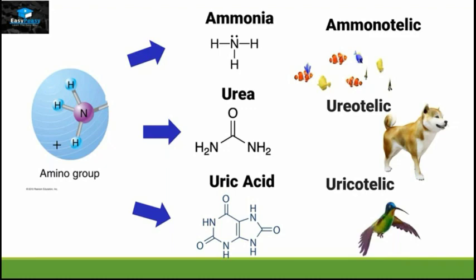Number one, the amino acid alanine will react with alpha ketoglutarate to give us pyruvate plus glutamate. While aspartate reacts with alpha ketoglutarate to give us oxaloacetate plus glutamate.